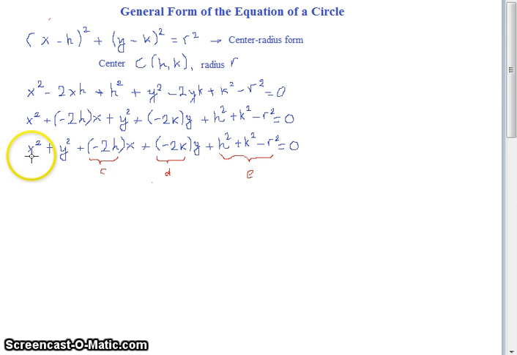Let's rearrange the terms. We write in the beginning the x squared and y squared, the highest degree terms. Then the first degree terms, the x and the y term, and then the constant terms. And let's name the coefficient of x with c, the coefficient of y with d, and the constant term with e.